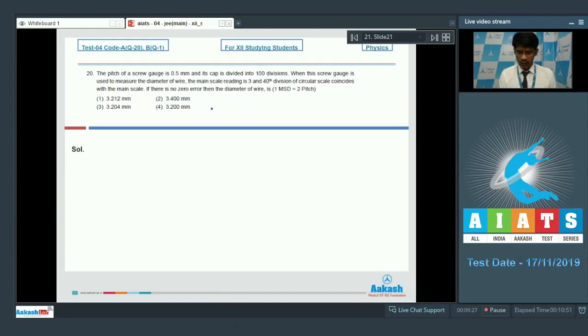We have been provided with the screw gauge with 0.5 mm as the pitch length, which is further divided into 100 divisions. So the least count would be 0.5 divided by 100. This is the least count of the system. While taking the reading, the main scale reading is 3 and the 40th division matches with the main scale. That means it is 0.5 divided by 100 into 40.